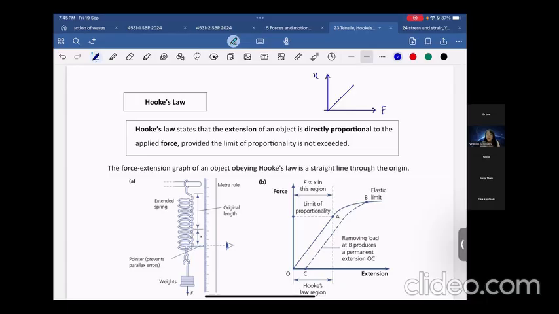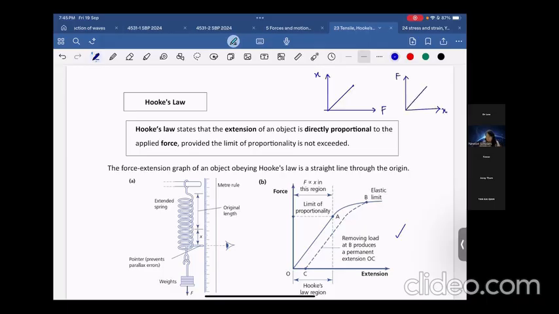So before that is Hooke's law. We obey Hooke's law. Here you have to be careful with the axis. The y-axis can be extension and the x-axis the force, or you can do it the other way: force is here, x is here. Before the limit of proportionality, they are the same.